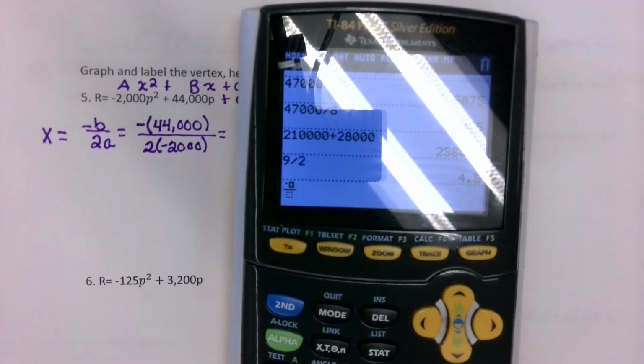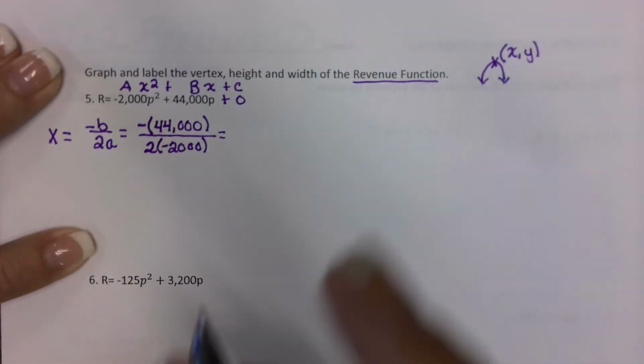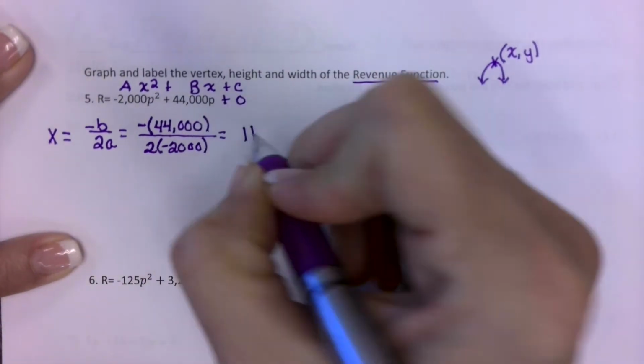Then you could just plug it in exactly the way you see it, without commas, of course. So I've got negative parentheses 44,000 over parentheses negative 2,000, and that would eliminate having to do the top and the bottom separately. And I get 11. So I have x equals 11.